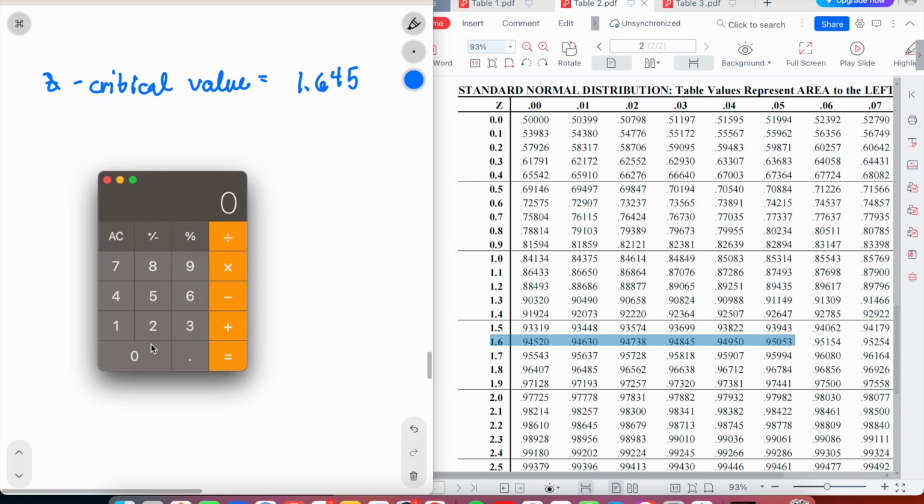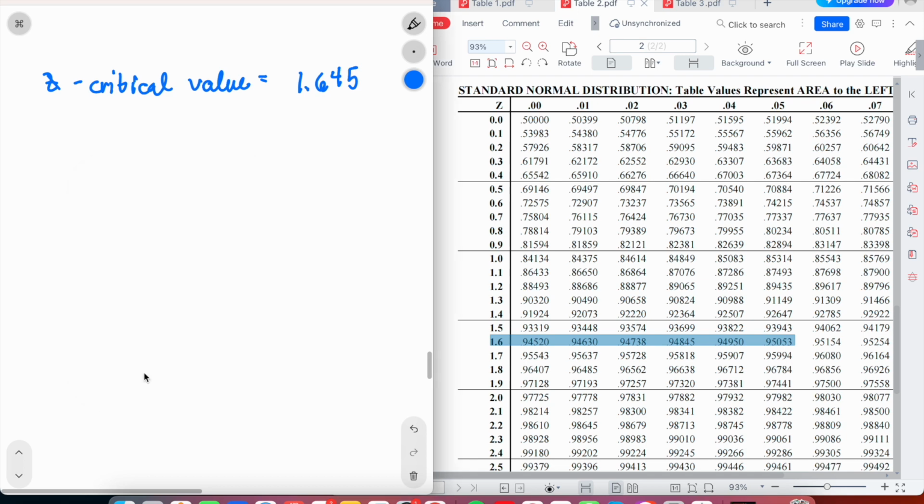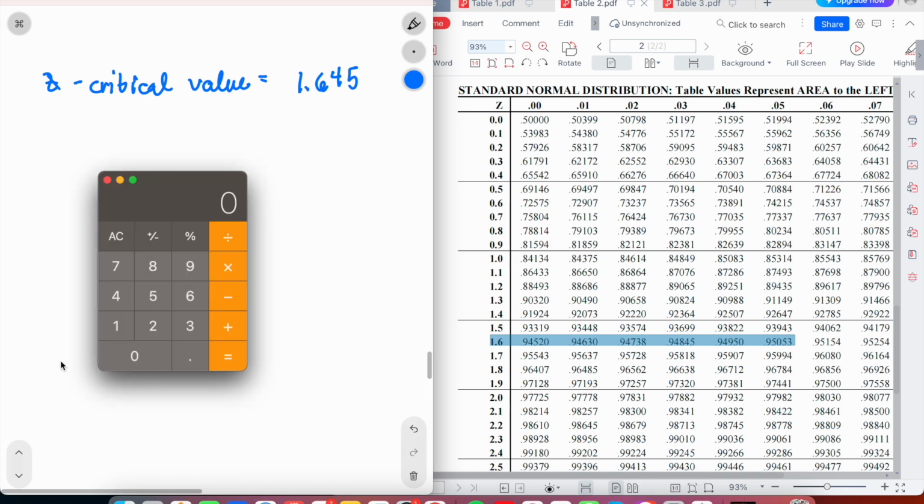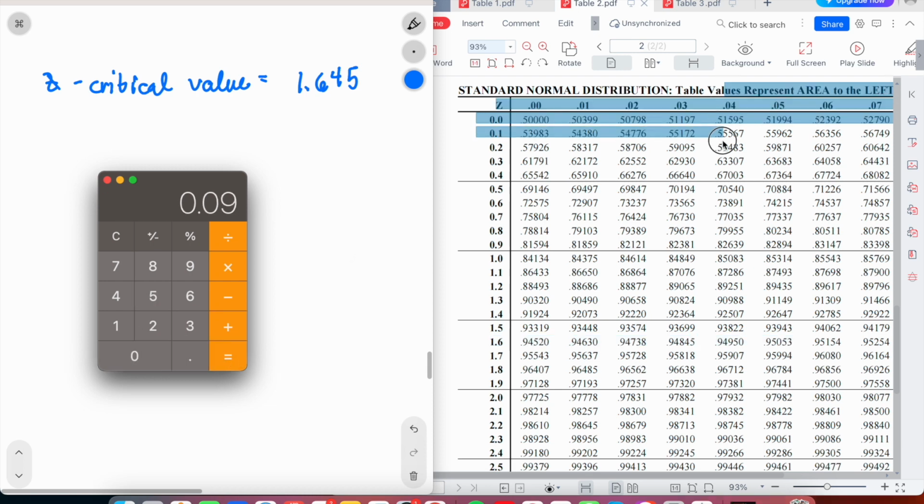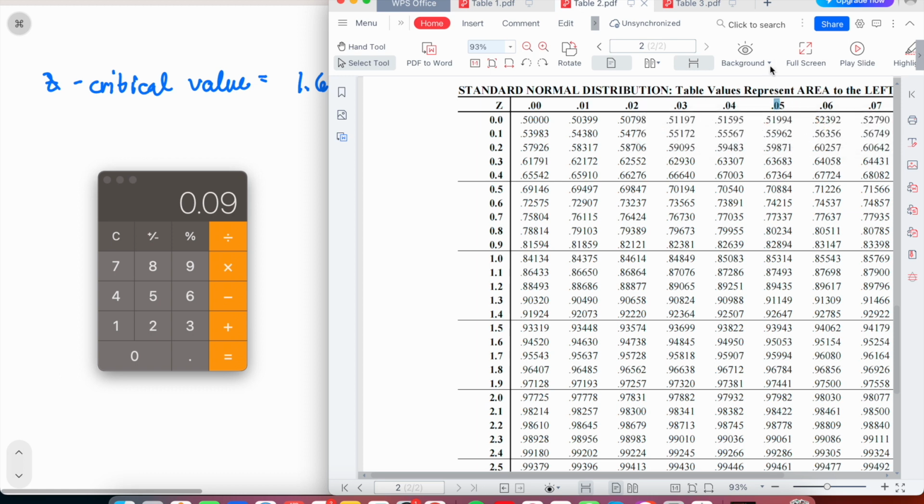You have 0.04 plus 0.05, this one and this one. You get the average, divided by 2, that is 0.045.